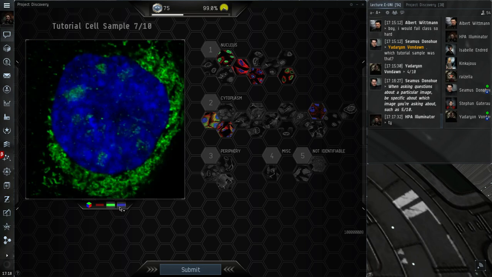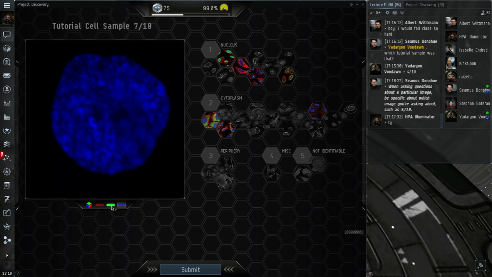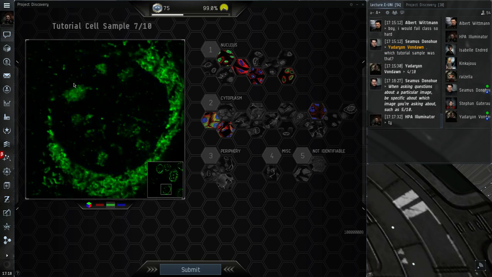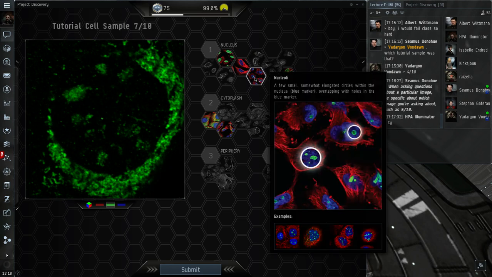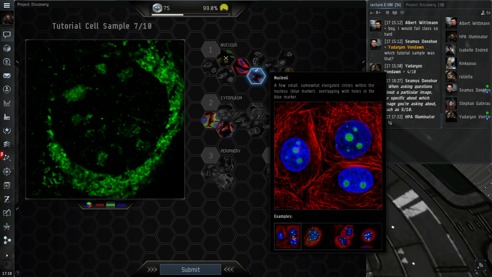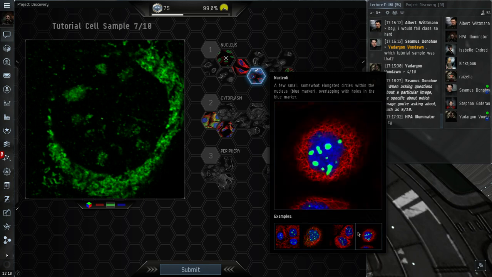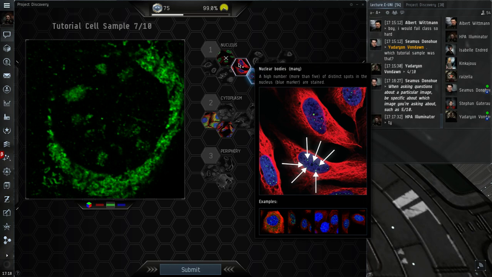I think this is a really good example of when we don't see the holes for nucleoli in blue. You can kind of see that it might be something here, but not really. But the shape of the structure here is clearly similar to the nucleoli. So even though we don't see the holes in the blue, we can still tell it is nucleoli, because it's really too big to be nuclear bodies.